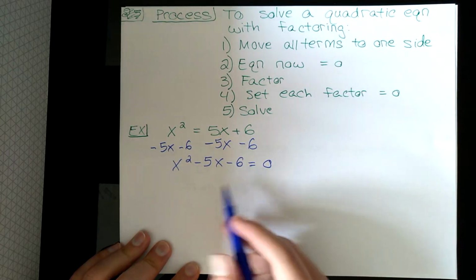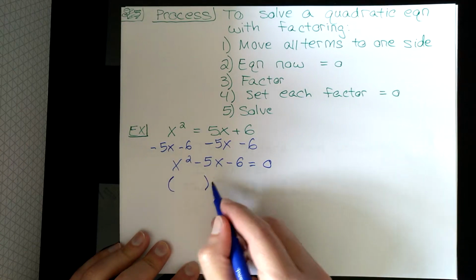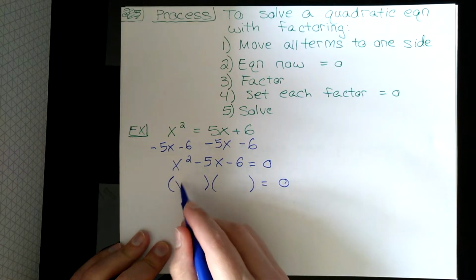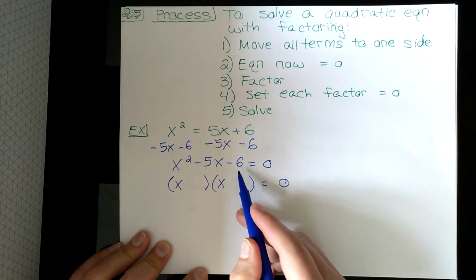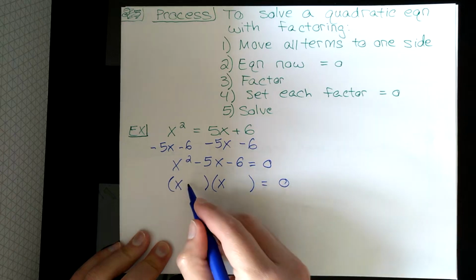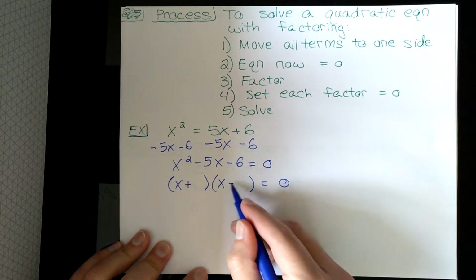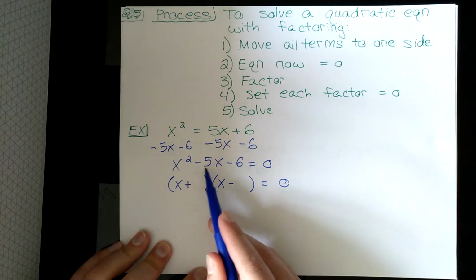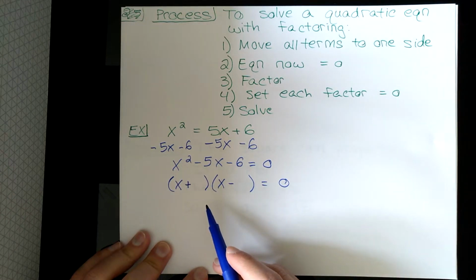Now that it's equal to 0, we can factor. We'll quickly use guess and check. We need x and x to multiply to give us x squared. We need two numbers that multiply to give us negative 6, so one of them will have to be positive and the other negative. And we need the values to add up to give us negative 5.